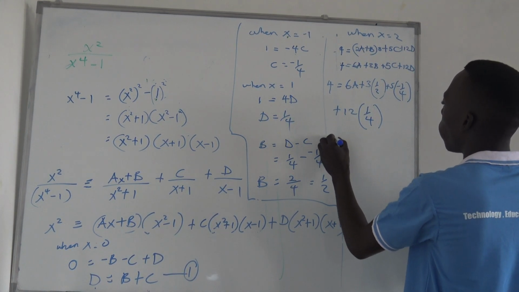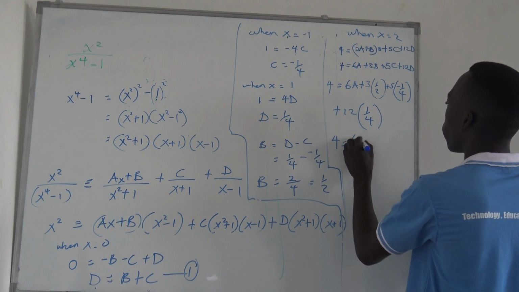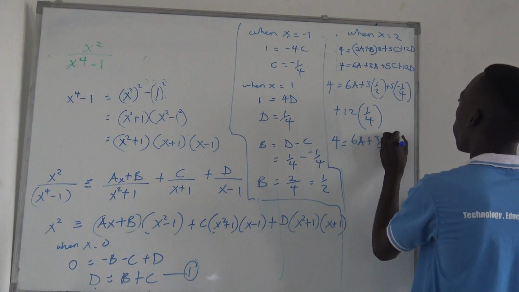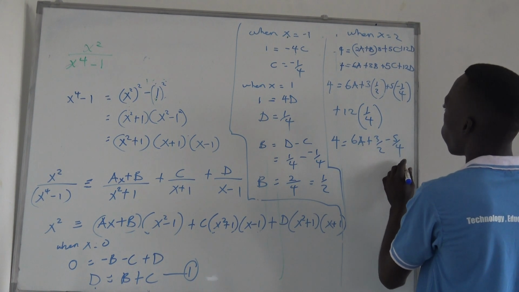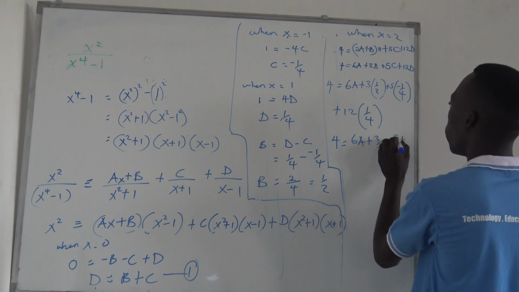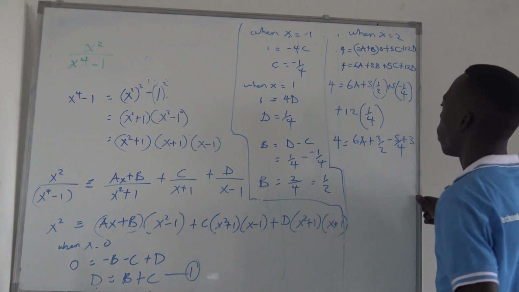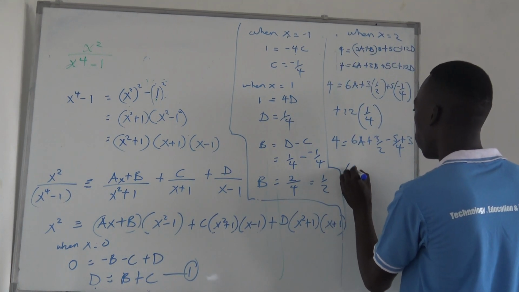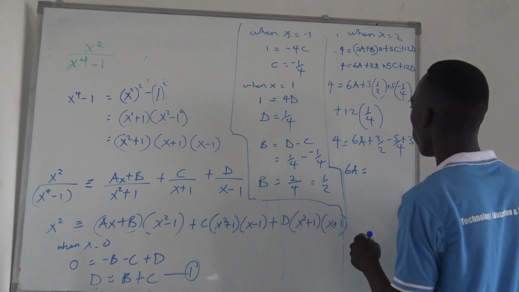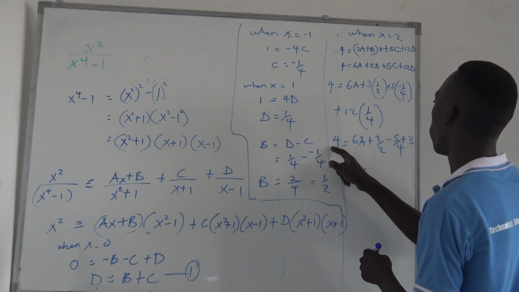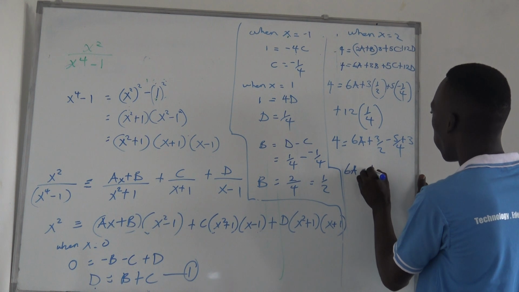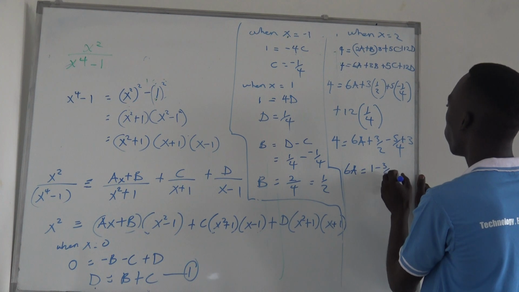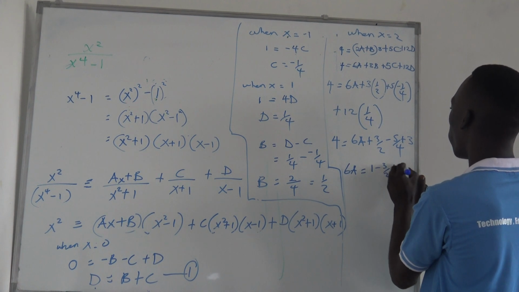So we continue, this one is 4 equals 6a plus 3 out of 2, then minus 5 out of 4. So then plus c, when we reduce this one, which is 3. So bringing everything this side, we shall have that 6a is the same as, when you subtract this one minus this, that is 1, minus 3 out of 2, then also plus 5 out of 4.